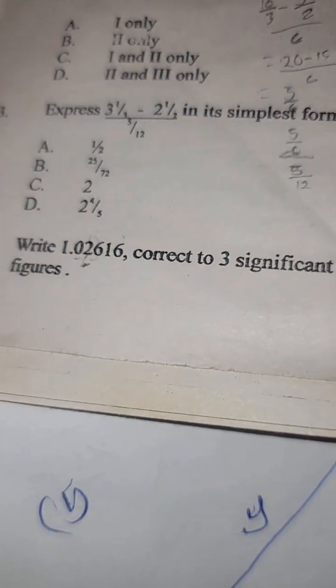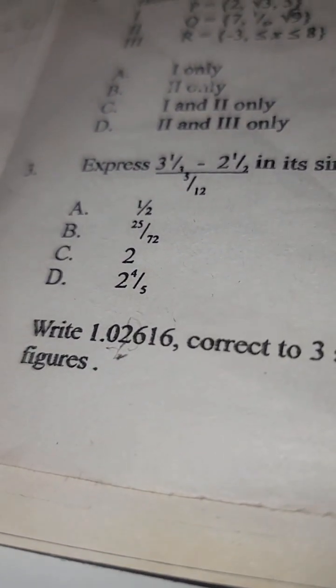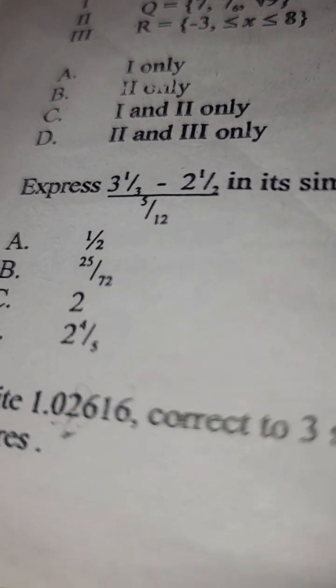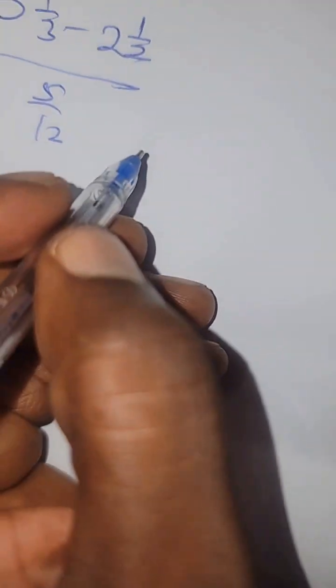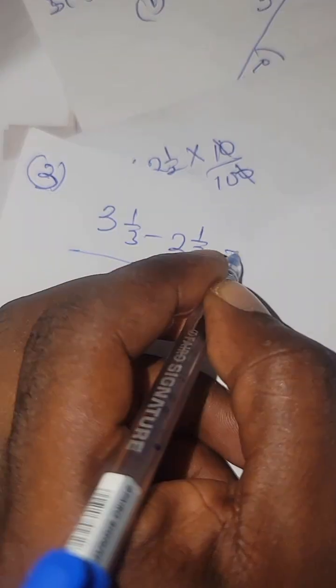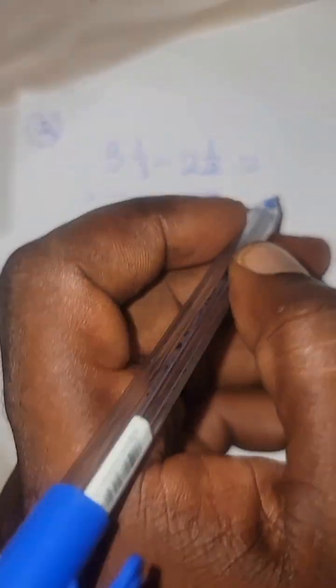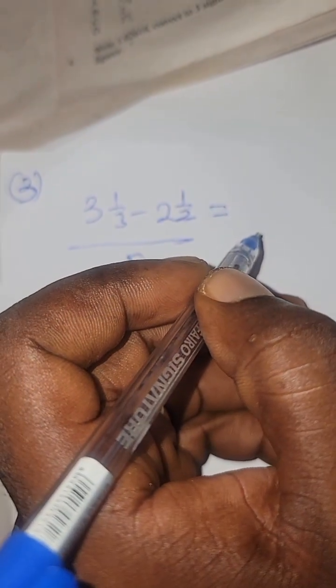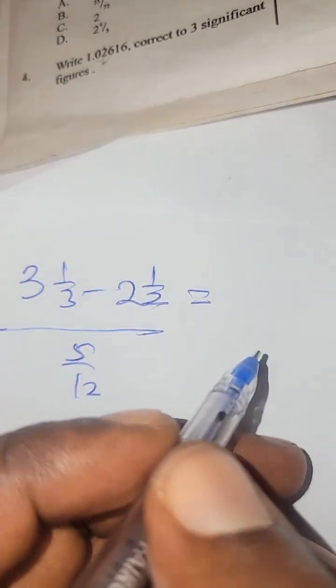Let's take question number 3. So we have to solve 3 1/3 minus 2.5 all out of 5 out of 12. So let's do this. In solving, we can decide to change that particular numerator to improper fraction.